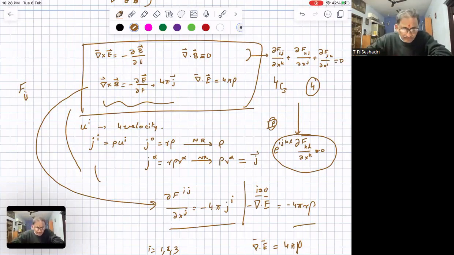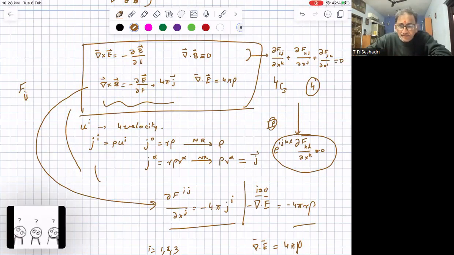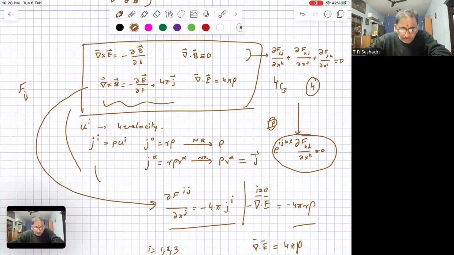Is that okay? Today it was really hurried, but I couldn't help it, because if I have to do this in detail, it will take about 10 classes.